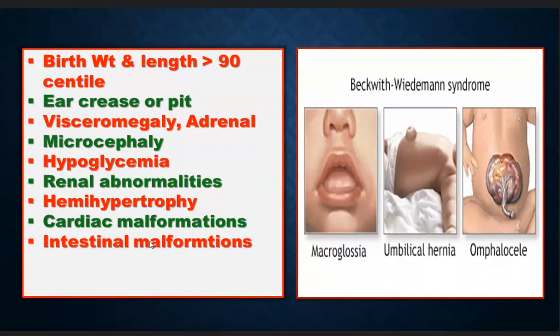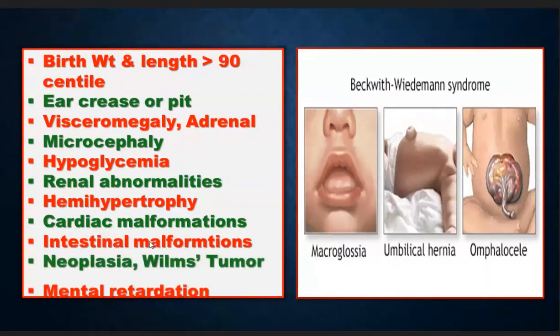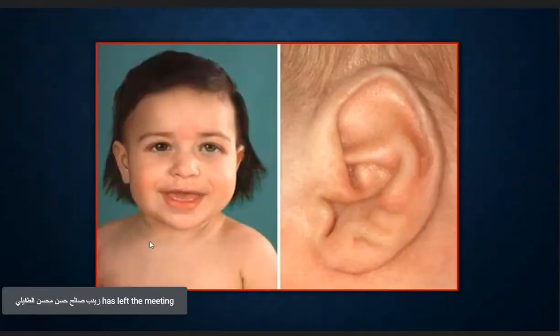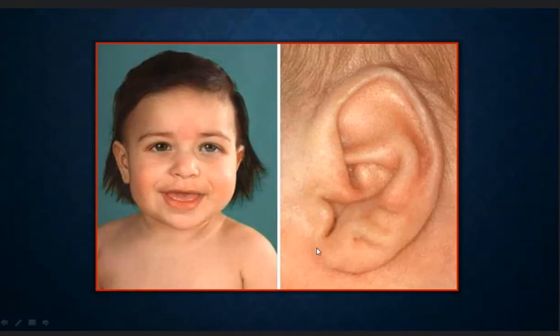Solid tumors: Wilms tumor has a high incidence in these patients, and of course, as I said, severe mental retardation. So this patient has Beckwith-Wiedemann syndrome, and these are the ear creases on the earlobe.